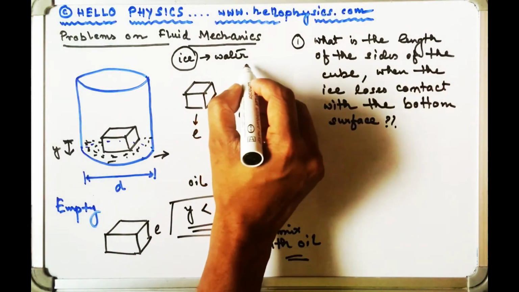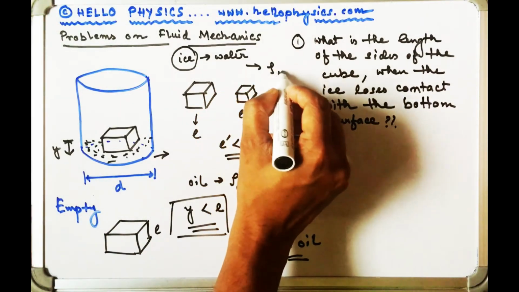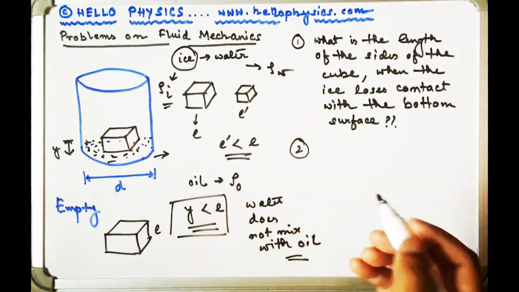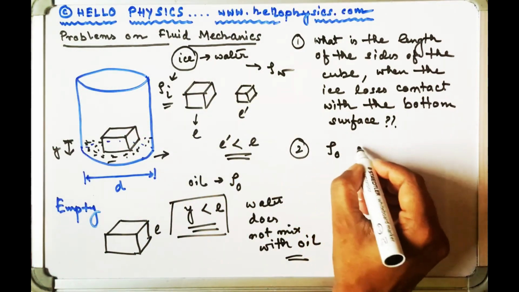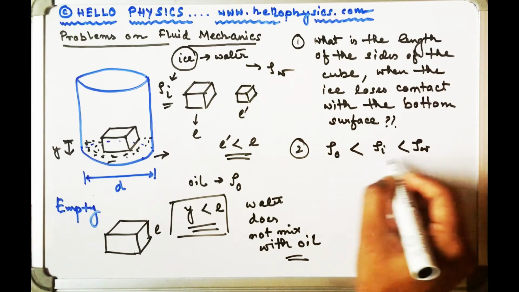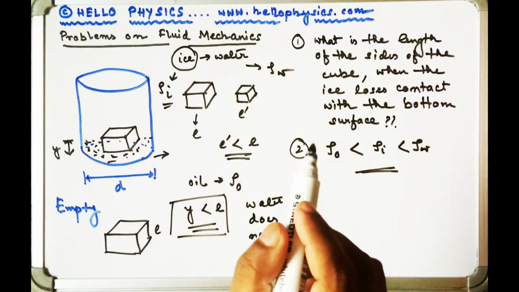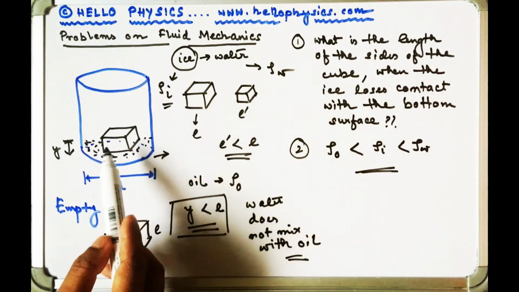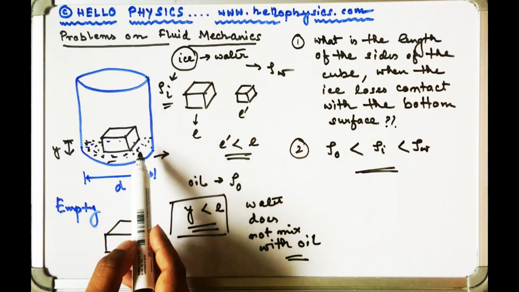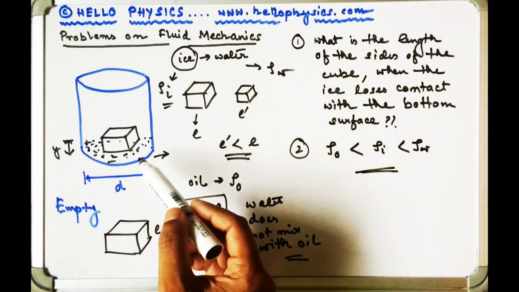Now the density of water is rho W. The density of ice is rho I. And we know that rho O is less than rho I is less than rho W. This information is also given to you. So the ice melts. Once again, the water starts collecting. It doesn't mix with the oil.